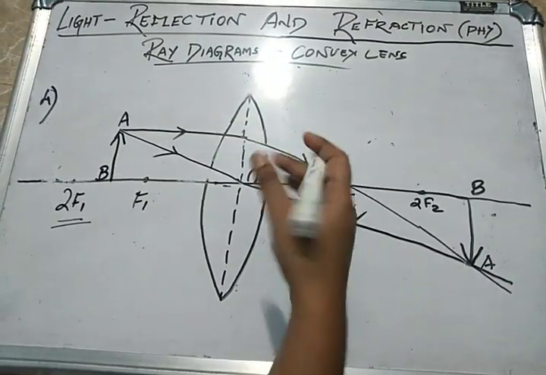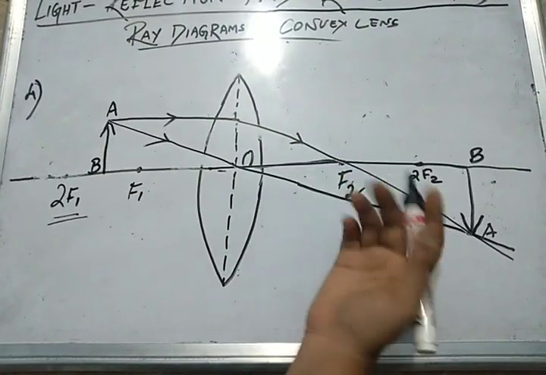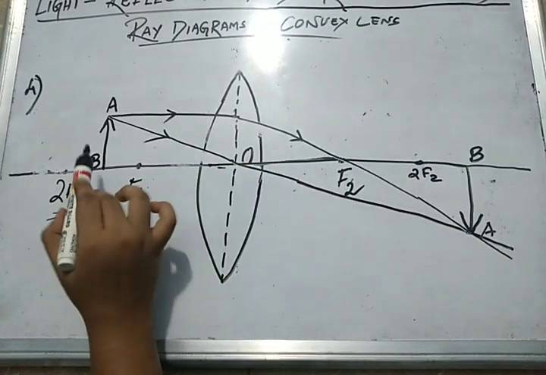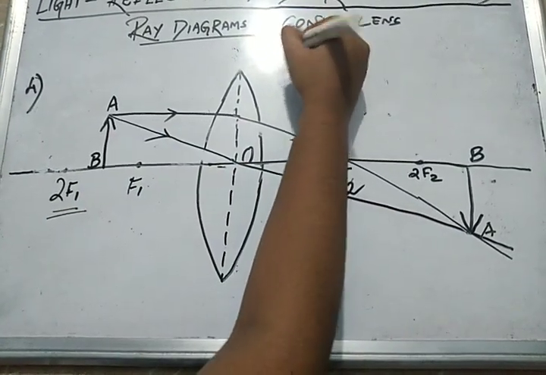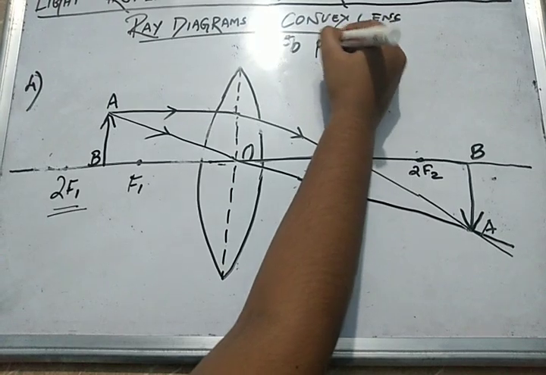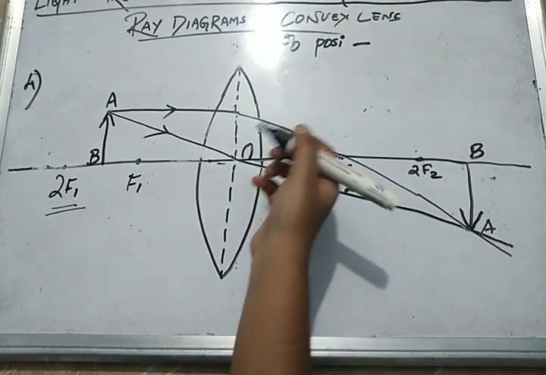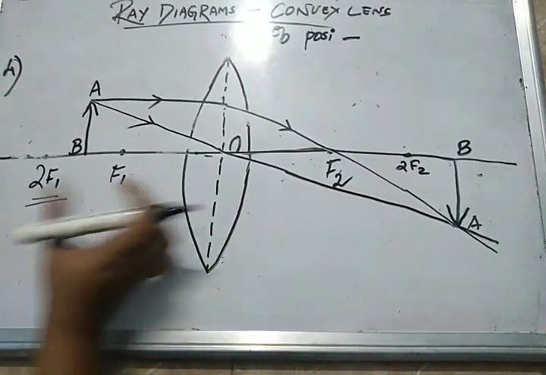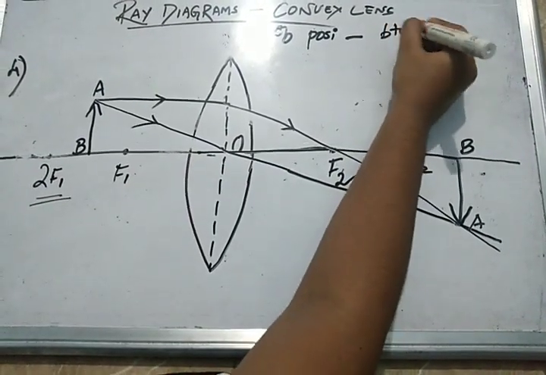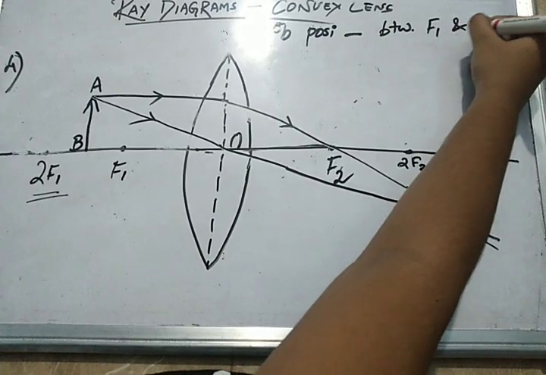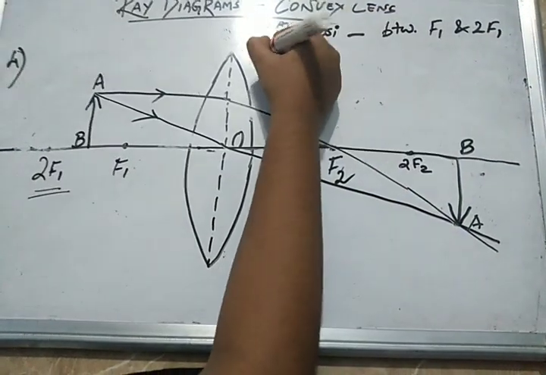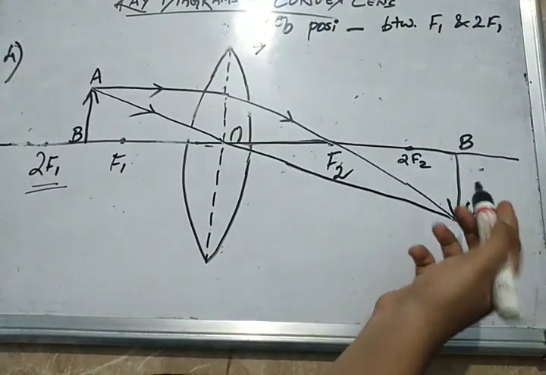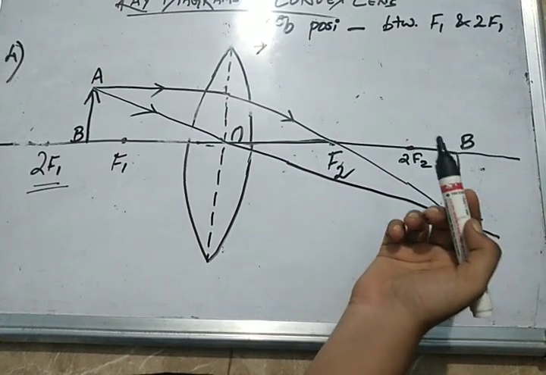So I'll tell you all the 4 points again. Where is the object? Object position. It is between F1 and 2F1. Second one, position of the image. Where is the image?